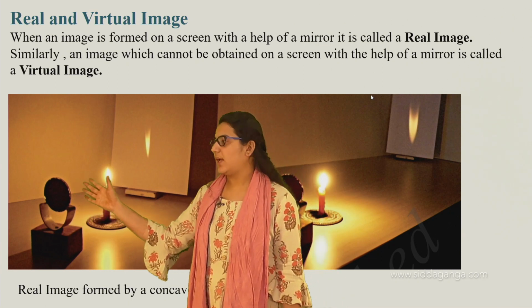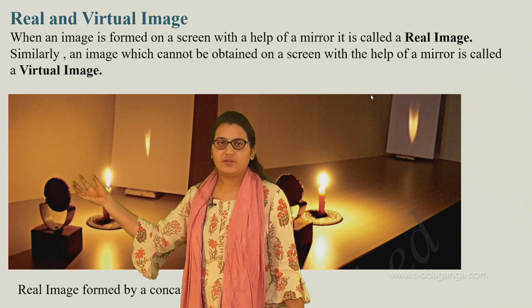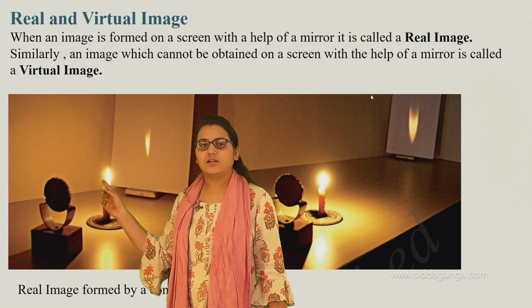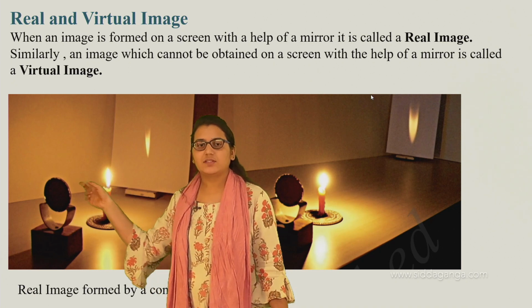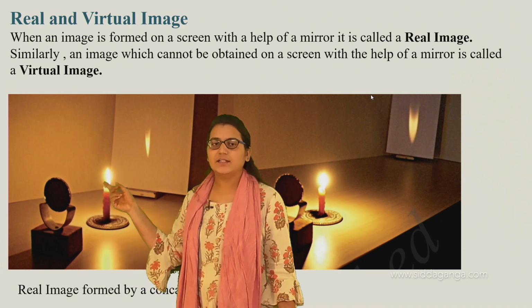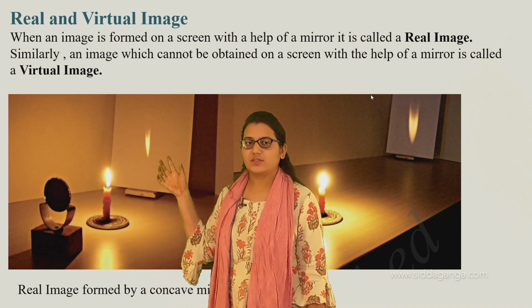A concave mirror means the reflective surface is curved inwards. When the light falls on this concave mirror, it diverges, and this is how an image looks on a screen.